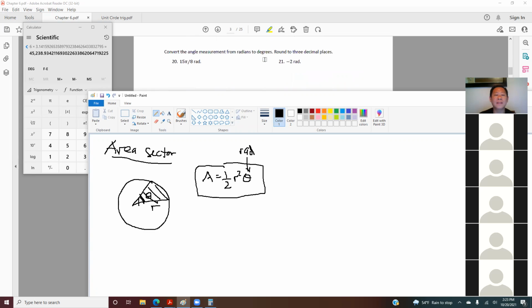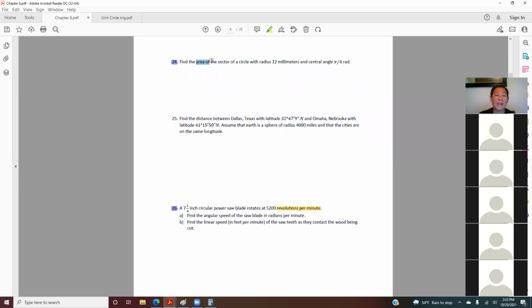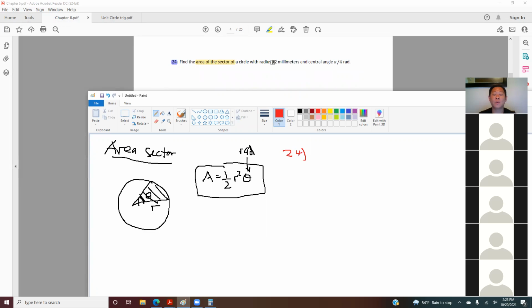So an example in this case will be question number 24. If you read question number 24, it's asking us to find the area of the sector, given that the radius is 12 millimeters and the center angle, which is theta in this case, is pi/4 radians.